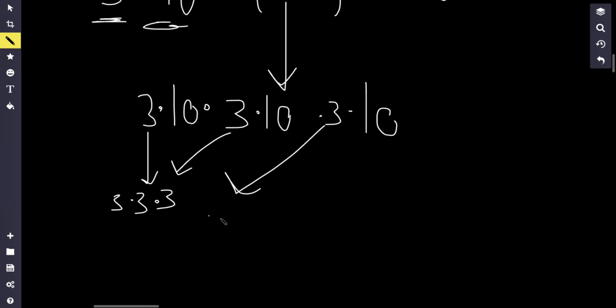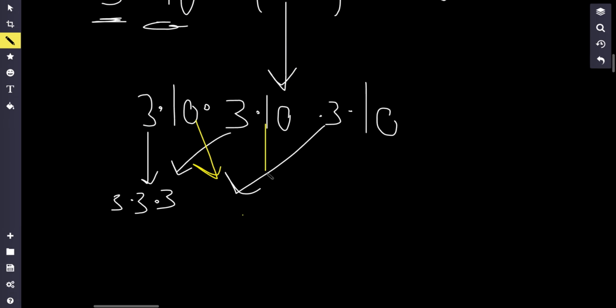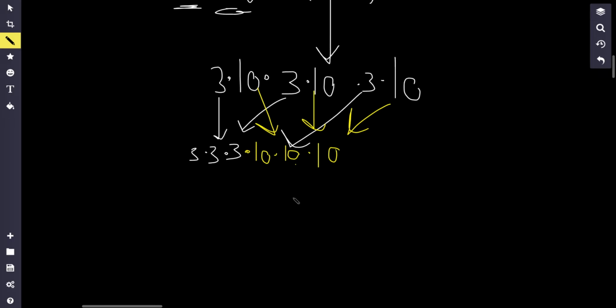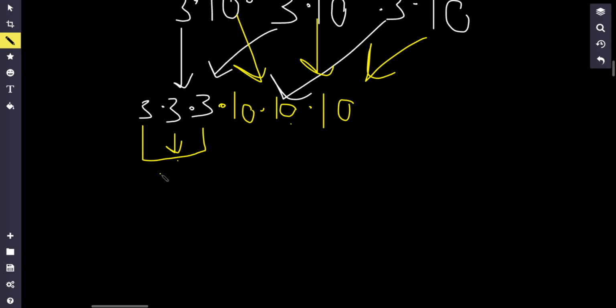And if we group the 10s to one spot, let's group the 10s in a different color. So this is going to be multiplied by 10 times 10 times 10. We notice that we have 3 3s, so we can rewrite this as 3 to the 3rd power, and we can rewrite this as 10 to the 3rd power.